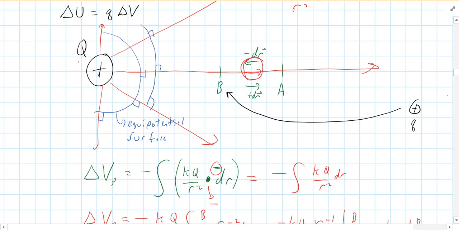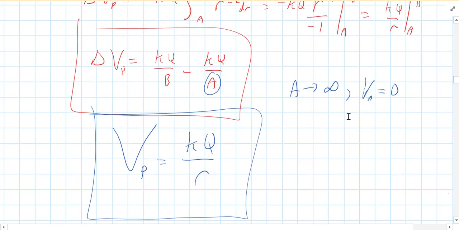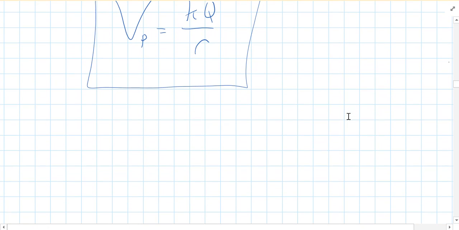So he's gaining potential energy. And by the way, at any point, like let's say he's here, if I let him go, he's going to fly out to the right. So we're lifting him up is another way to think of it. So if we lift little q all the way from infinity to B, how much work will that take us? Or how much potential energy will he add?